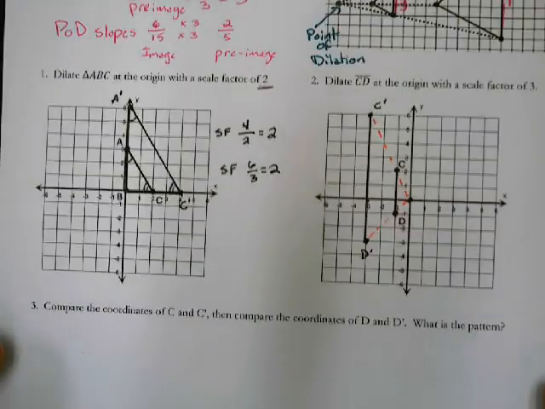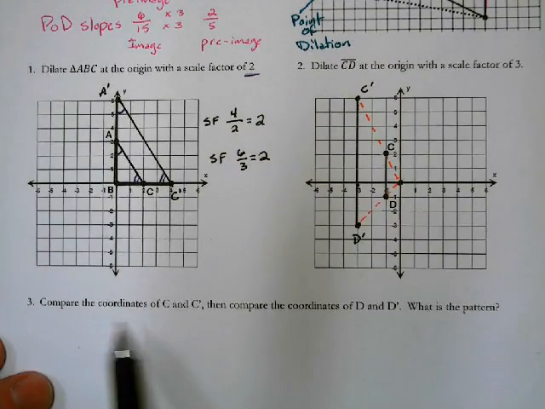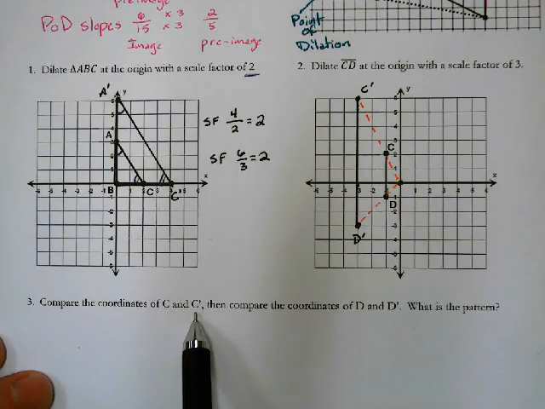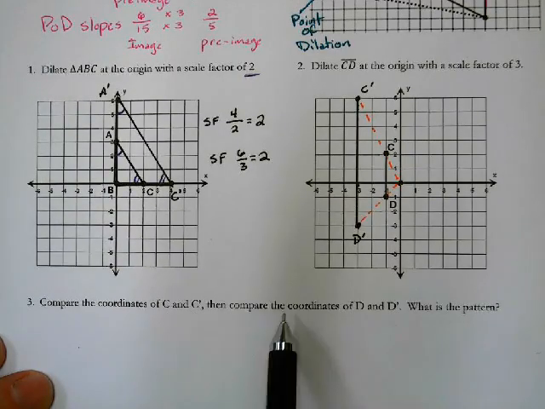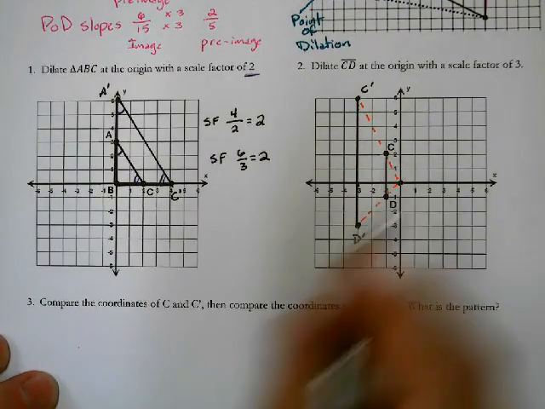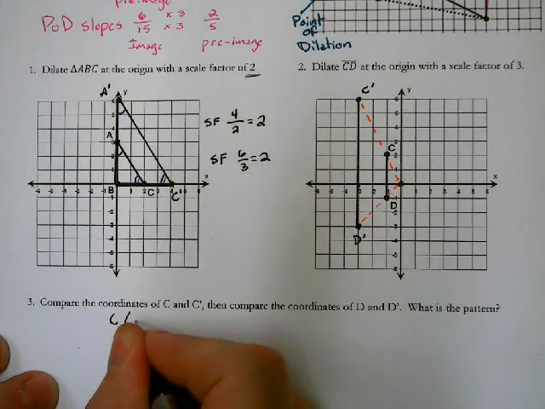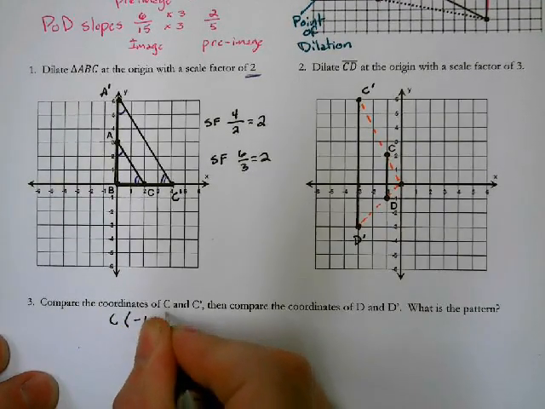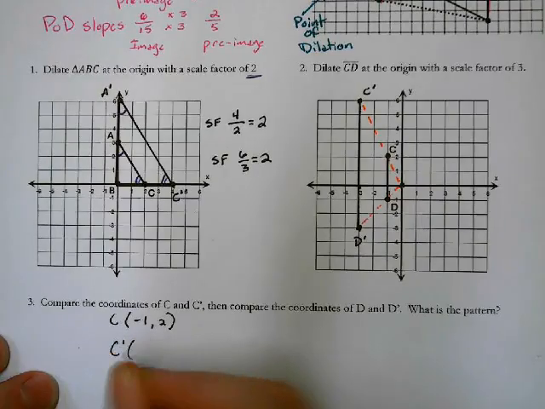Compare the coordinates of C and C prime. Then compare the coordinates of D and D prime. Okay, so C was at -1, 2. C prime is at -3, 6.